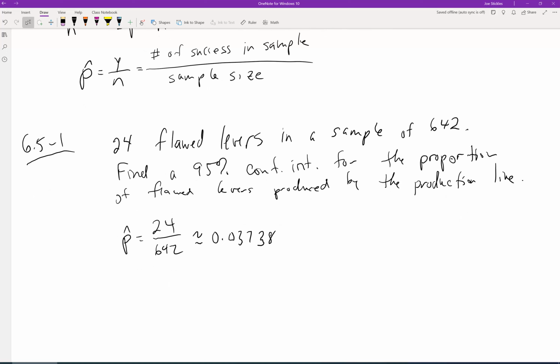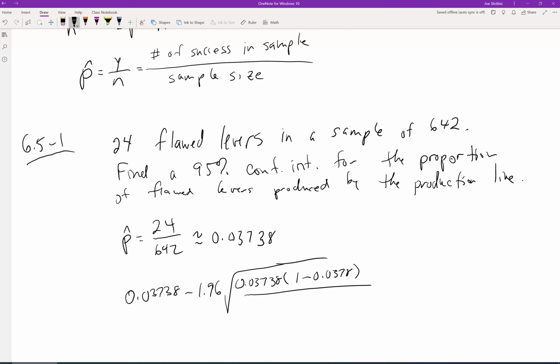Once we have the P hat, now we can figure out what our confidence interval is. We do need the Z sub alpha over 2, but for a 95% confidence interval, that'll be the 1.96 value. So your confidence interval then is this: 0.03738 minus 1.96 times the square root of 0.03738 times 1 minus that, over, what goes in the denominator here?